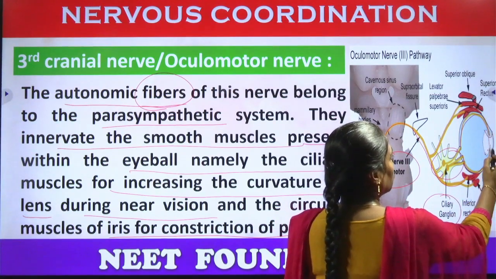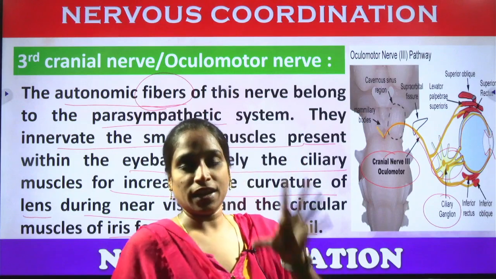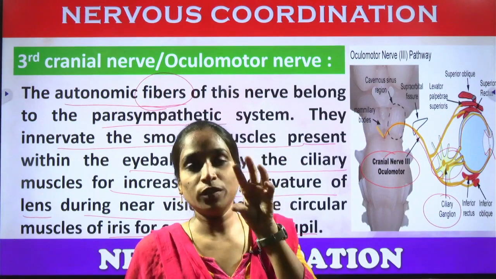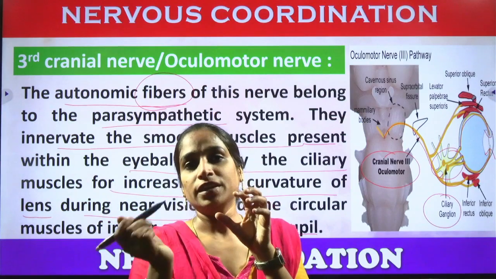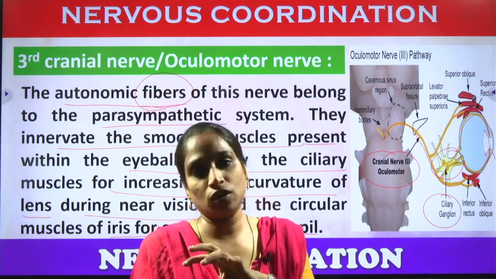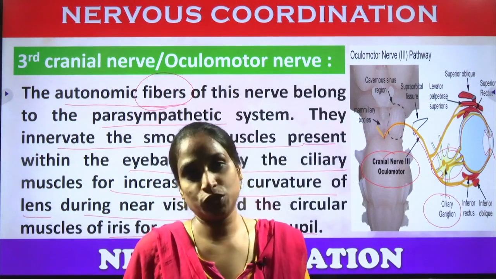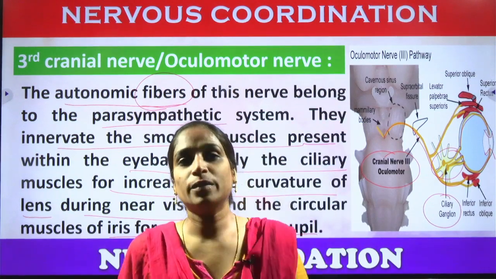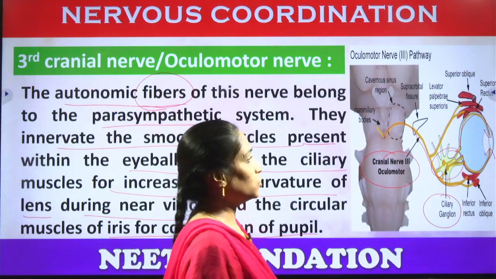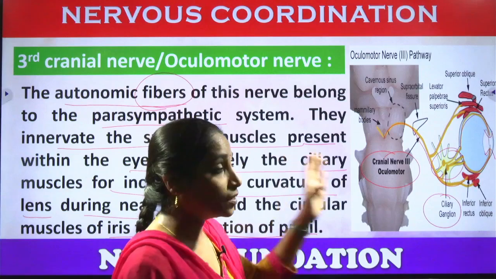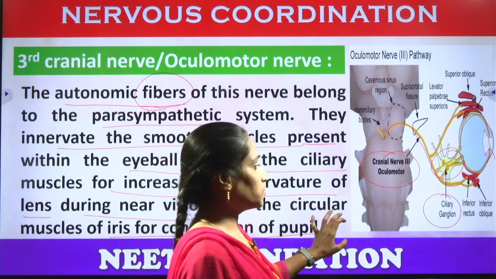It makes the constriction and dilation, so that the intensity of the light is regulated. How much light must enter whenever we are viewing an object in a nearby position. These nerves are completely motor nerves.